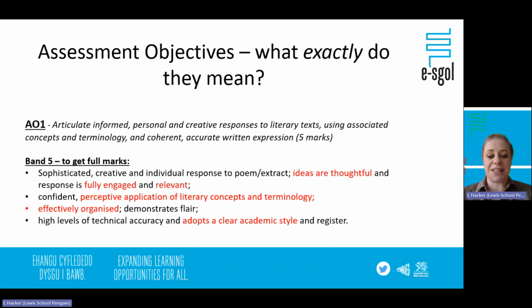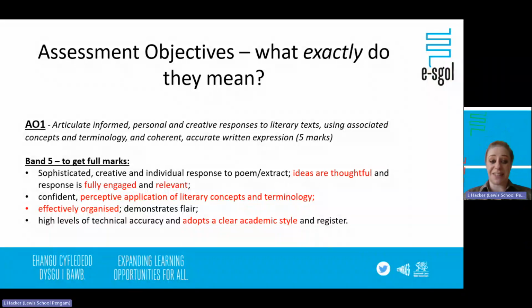So the assessment objectives then, let's break them down and have a look at what exactly they mean. So assessment objective 1 with 5 marks for this question is your ability to articulate informed, personal and creative response to literary texts using associated concepts and terminology and coherent, accurate written expression.